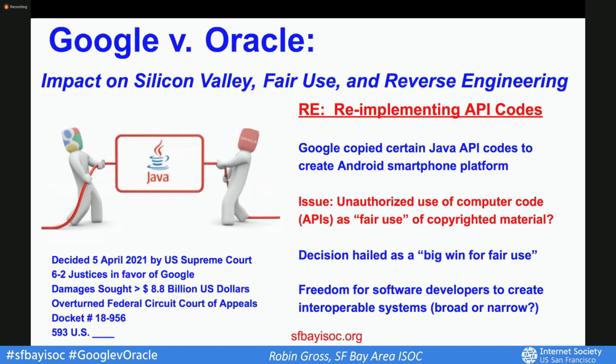So this case has been hailed by a number of people in the industry as a big win for fair use. Also a big win for software developers, because arguably they've got freedom to create interoperable systems. Although it remains to be seen just how broad or narrow of that ruling we can expect.